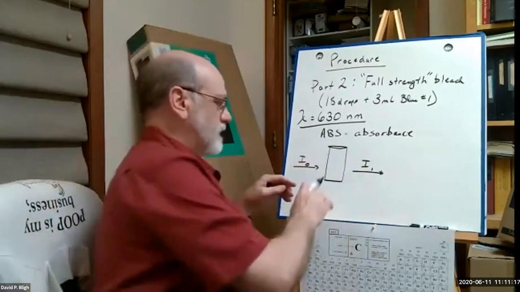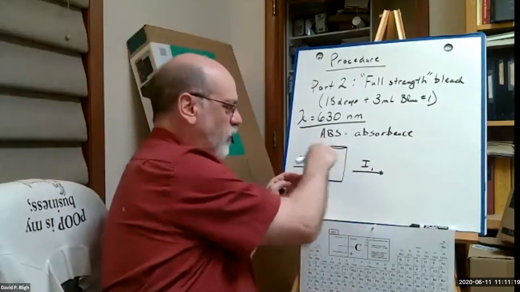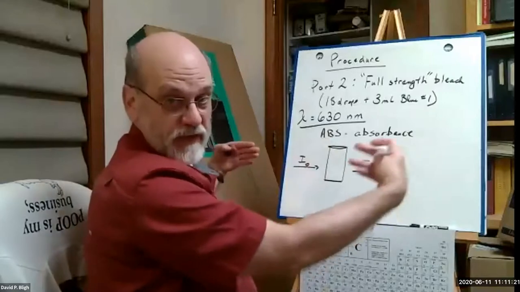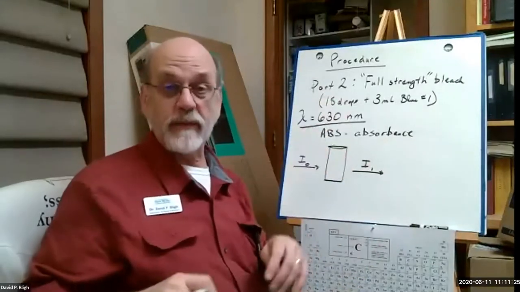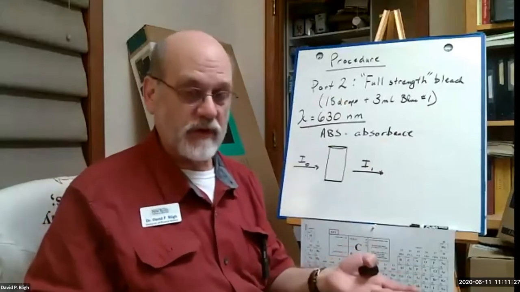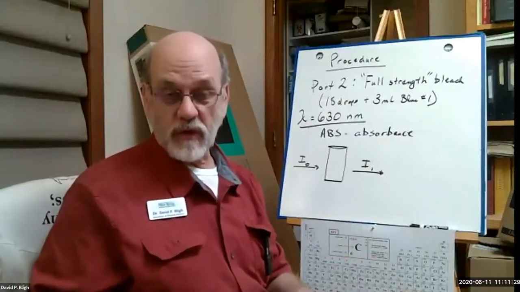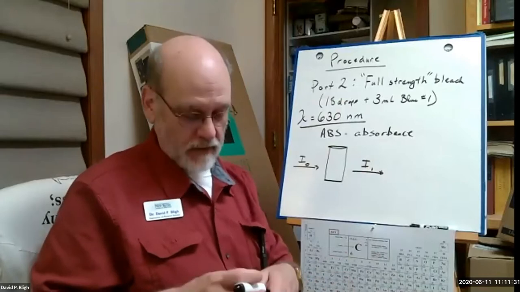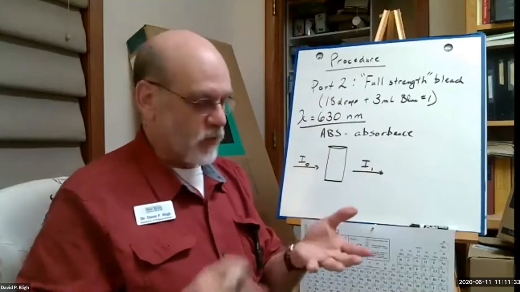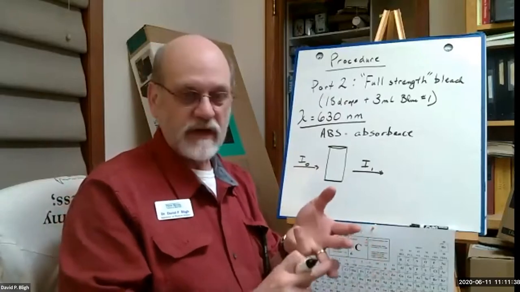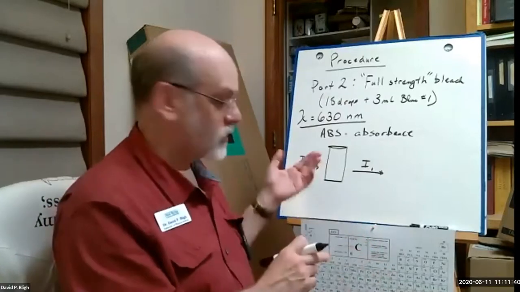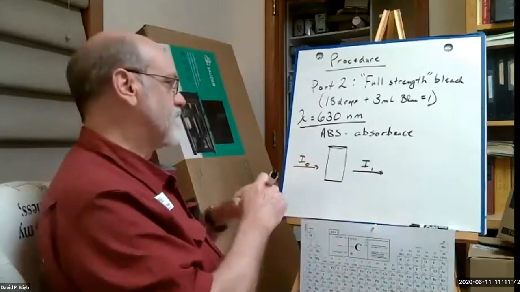So this will be the opaque side, and the transparent side is on either end, and that's the one that you need to clean with your Chem wipes, because you don't want any fingerprints on it. That's why you probably want to wear gloves. One reason, of course, is bleach. You don't want to get bleach on your hands, and you don't want to get fingerprints on your cuvette, right?